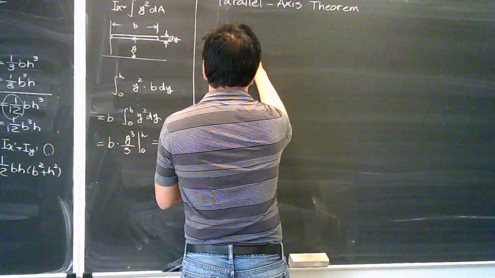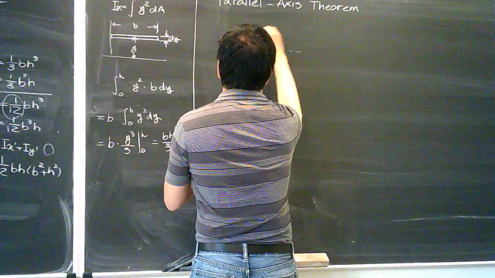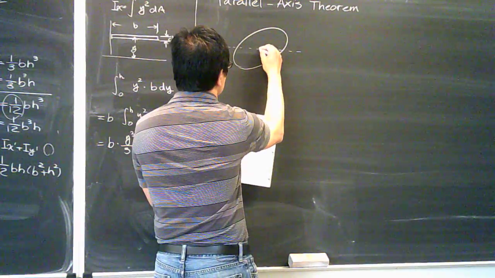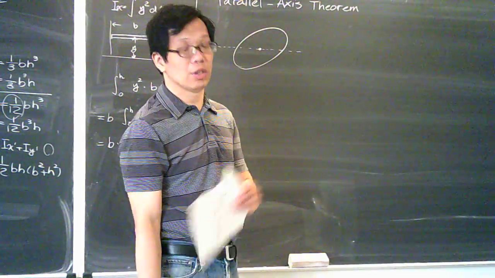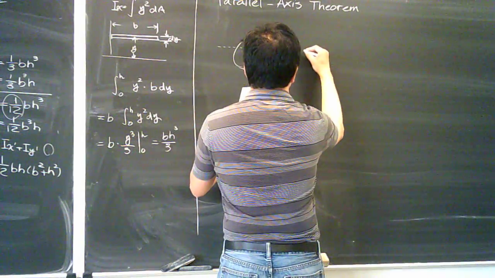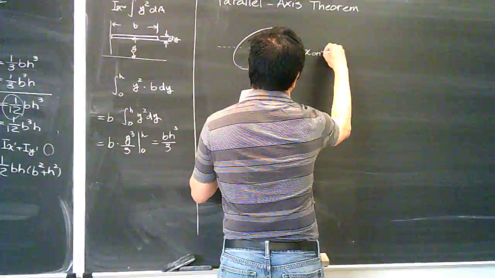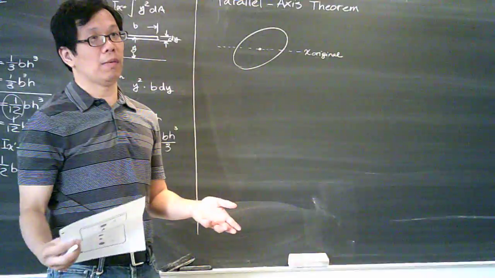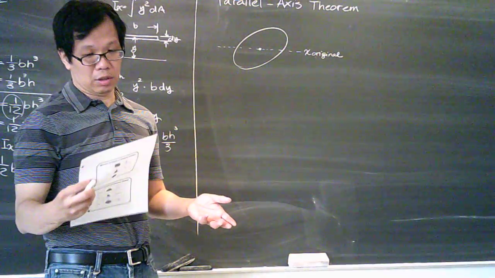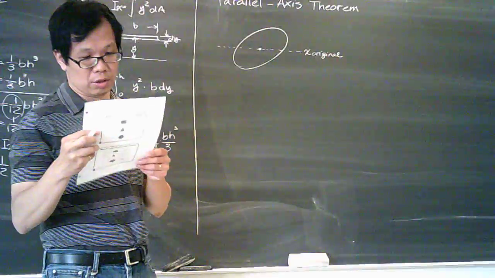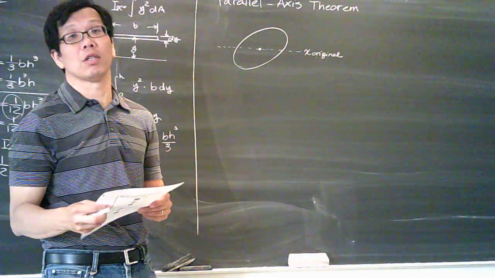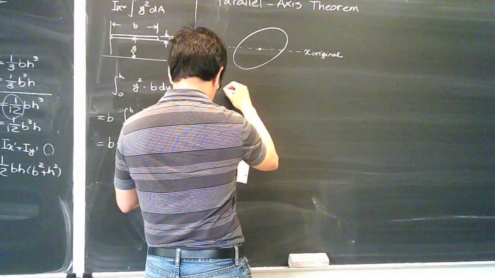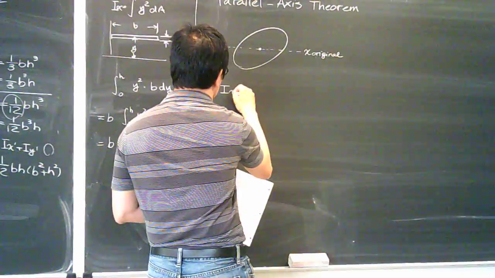So what it means is that if I have an object, and obviously this is my gravity center, let's name this axis x original. I'm going to give you a property, which is the moment of inertia about this axis, I x original.